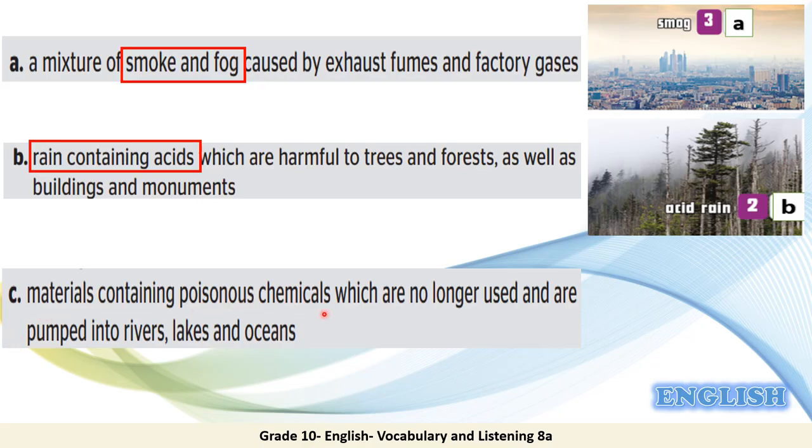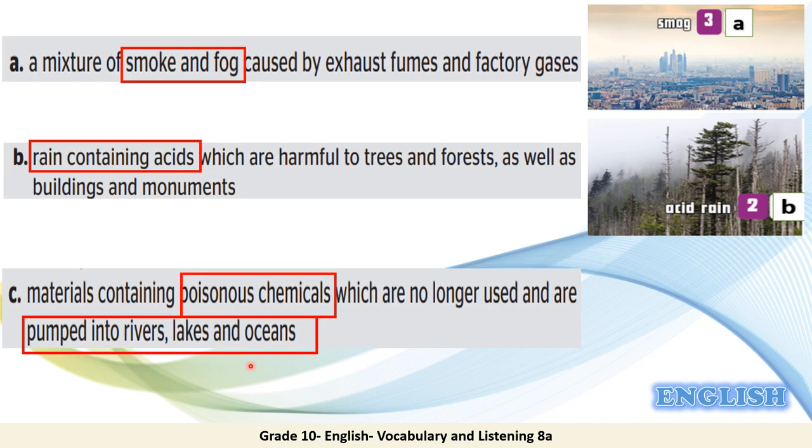Materials containing poisonous chemicals which are no longer used and are pumped into rivers, lakes, and oceans. Our hint here is poisonous chemicals pumped into rivers, lakes, and oceans. So, pause, take a look, and try to make a decision.